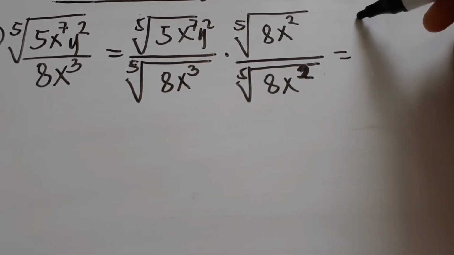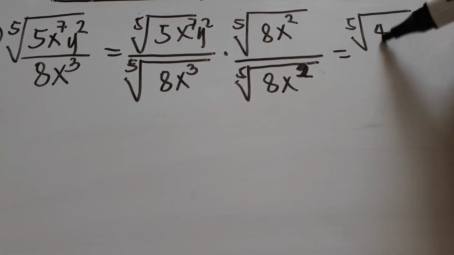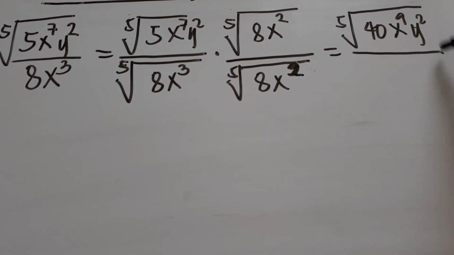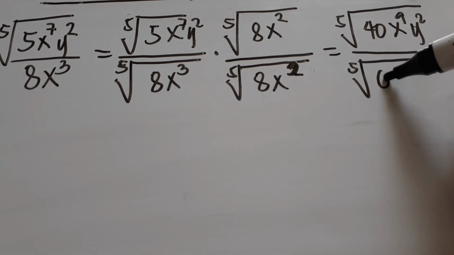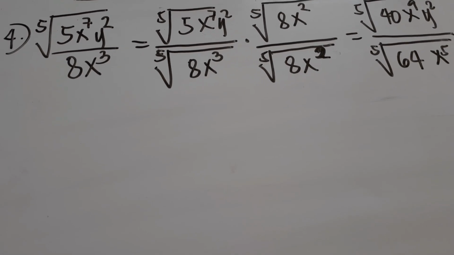And then we multiply the numerator, the fifth root of 5x to the 7th power y squared, times the fifth root of 8x squared, which is equal to the fifth root of 40x raised to the power of 9y squared over the fifth root of 64. 8 times 8 is equal to 64. Then x cubed times x squared is x raised to the power of 5.